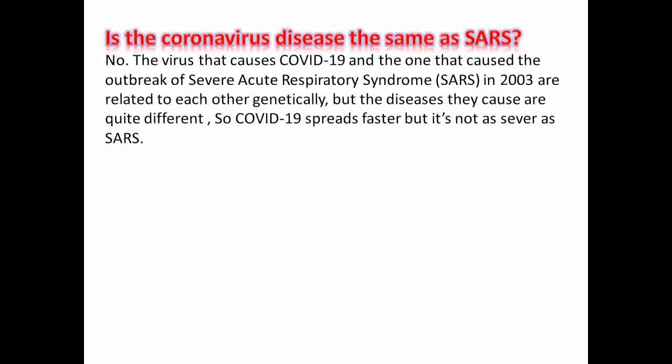The answer is no. The virus that causes COVID-19 and the one that caused the outbreak of severe acute respiratory syndrome, SARS, in 2003 are related to each other genetically, but the diseases they cause are quite different. So COVID-19 spreads faster, but it is not as severe as SARS.